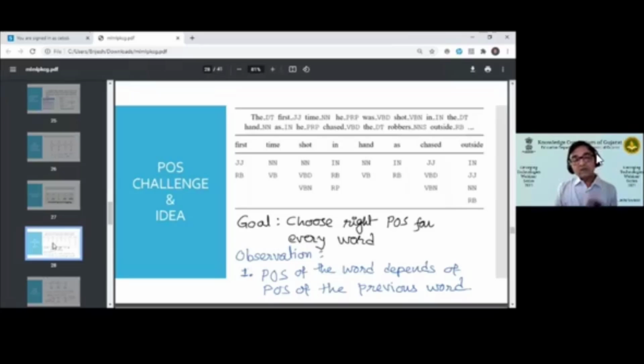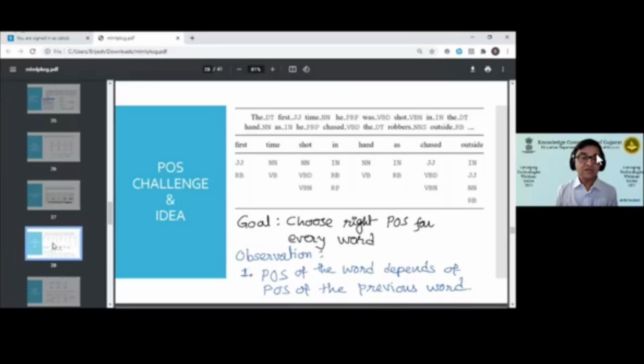Now if you see, many of these words can take possibly more than one part of speech. Like first can be JJ or RB, time can be noun or verb. Right? I timed it well.